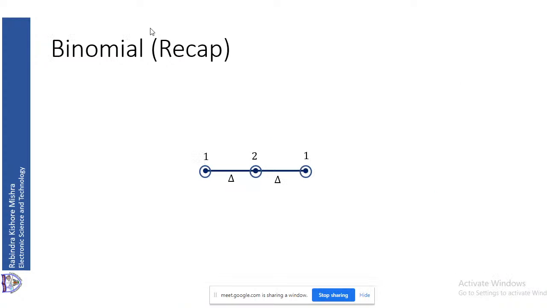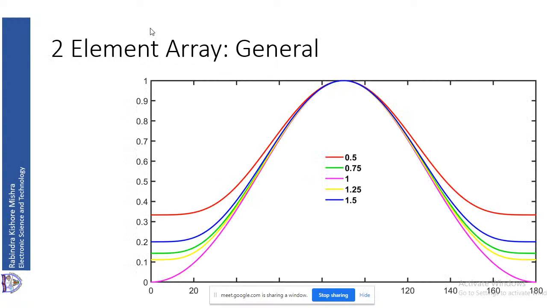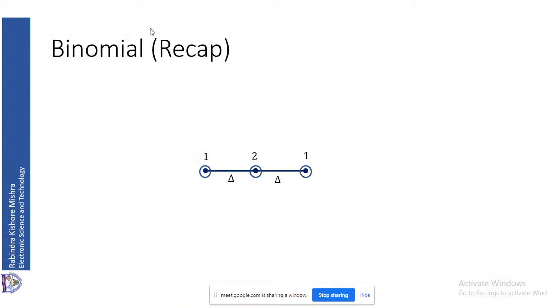Now let us come back to binomial array. After this introduction to 2 element array, let me come back to binomial array. This we have already discussed, that in case of binomial array, the coefficients of the current amplitude are binomial coefficients of a polynomial. So that is what we are showing here, 1 2 1.